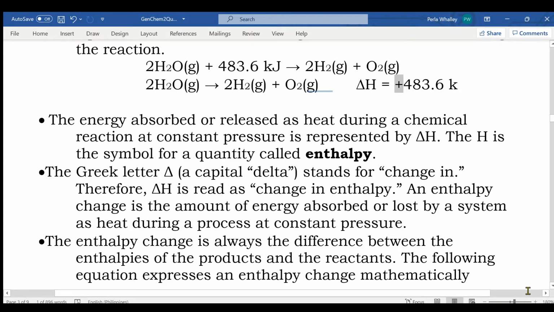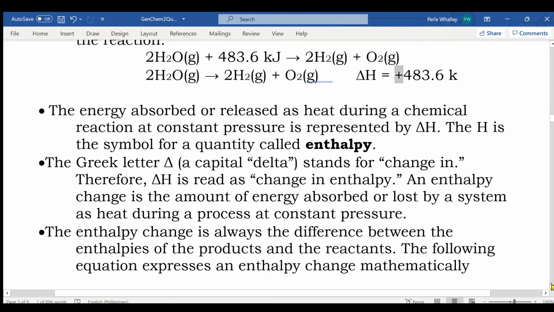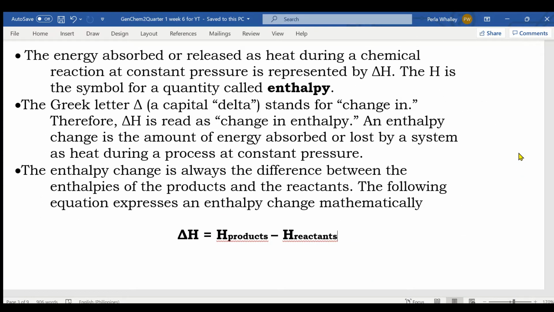The following expression expresses an enthalpy change mathematically. Change in enthalpy is equal to enthalpy of the products minus enthalpy of the reactants, or is equal to the energy of the products minus the energy of the reactants.